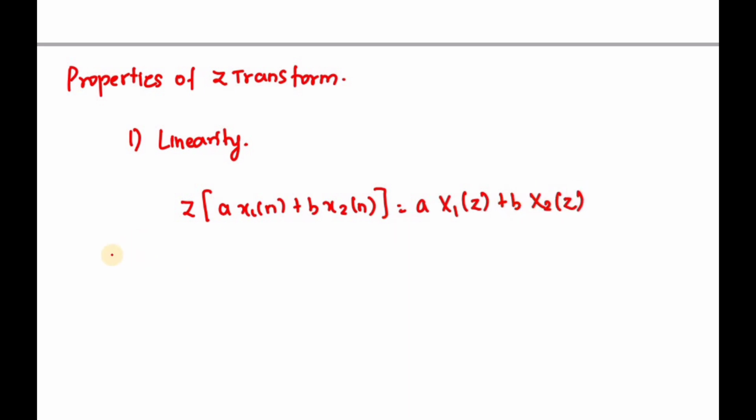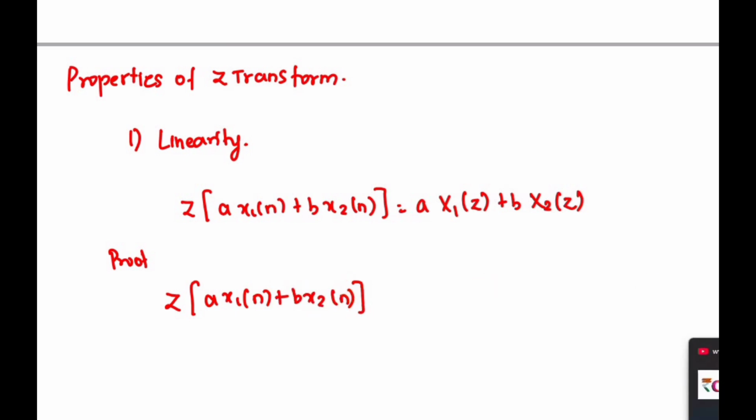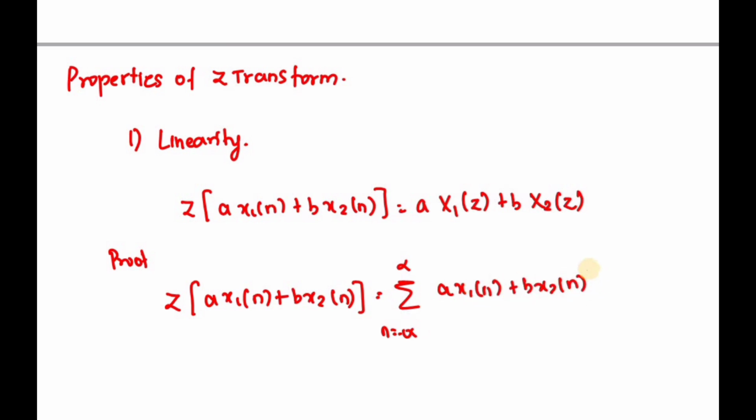So the proof is: the Z transform of a x1 of n plus b x2 of n. You know the formula, right? In this formula I'm going to substitute, this is from minus infinity to infinity, a x1 of n plus b x2 of n into z power minus n, right?